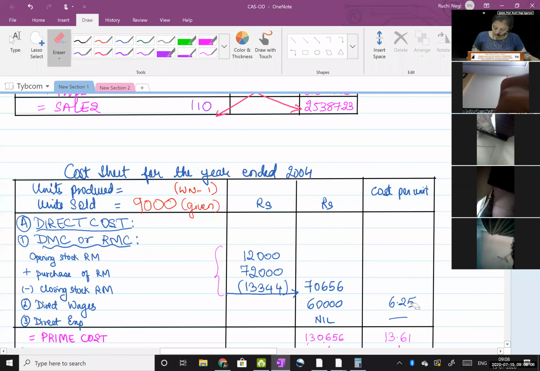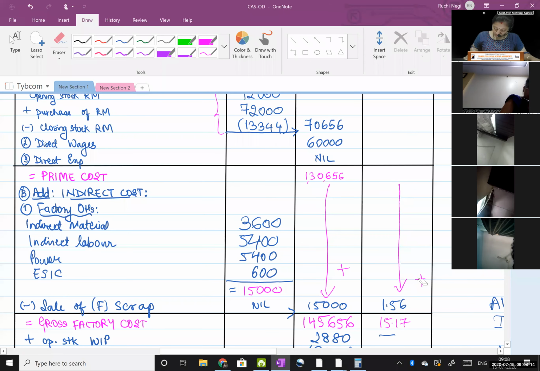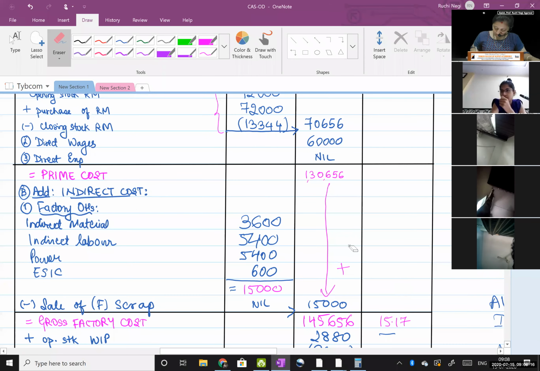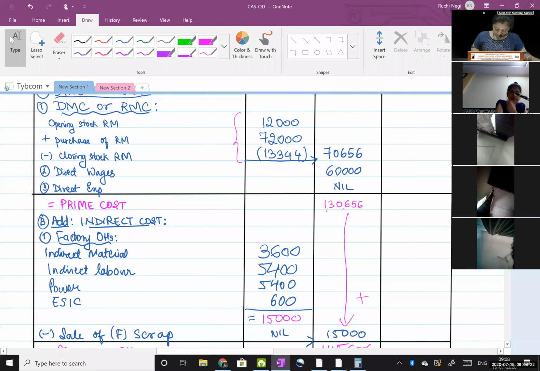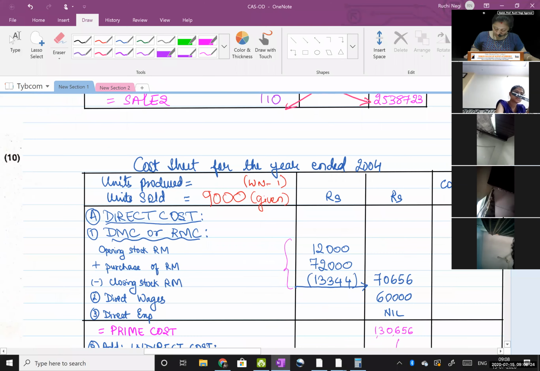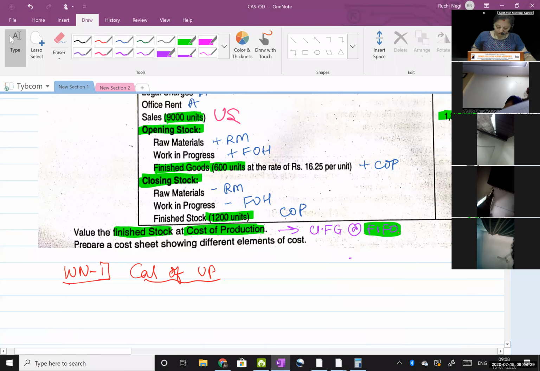I'll go a bit slow today because we are going to do the CPU column. So let us first start with the working note of calculation of units produced.